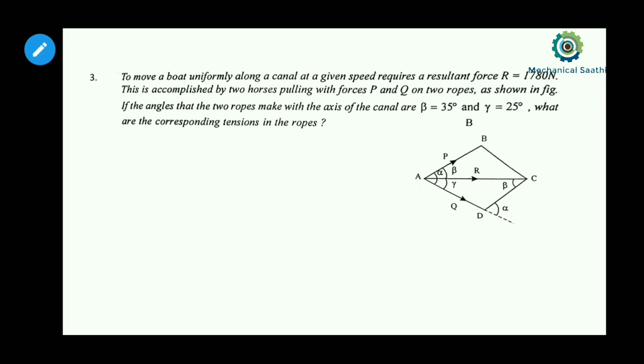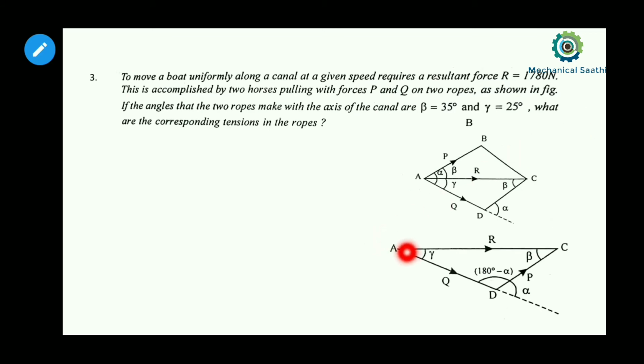If we try to plot all these forces and angles in a single triangle, we can represent it like this.